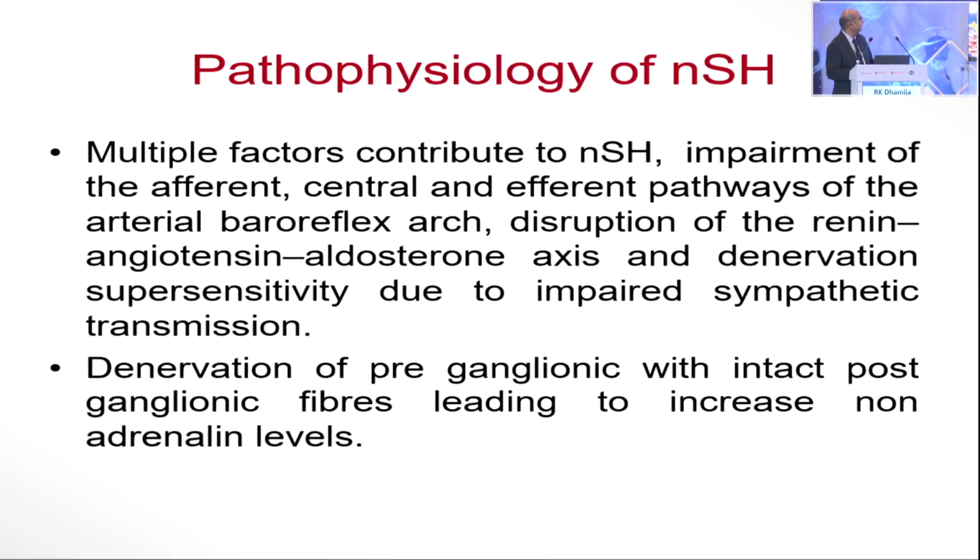So why does this happen? There is denervation of preganglionic fibers with intact postganglionic fibers, leading to increased noradrenaline levels in the supine position, which causes autonomic dysregulation in patients with PD.